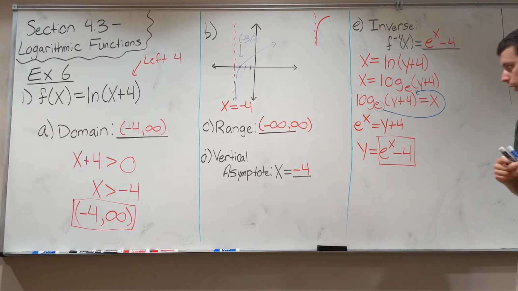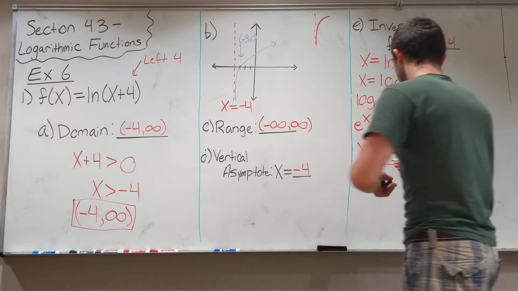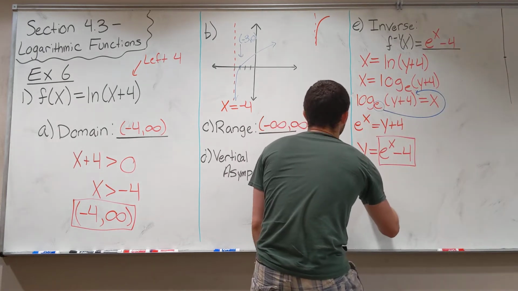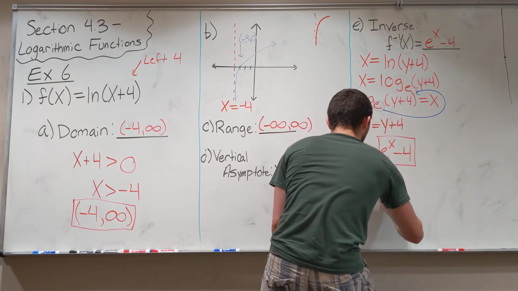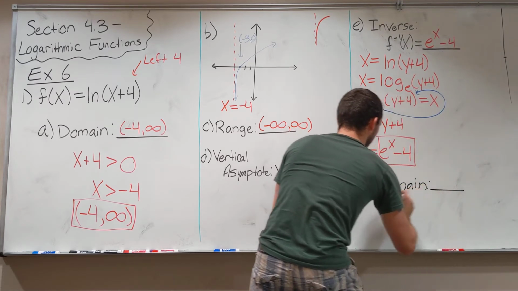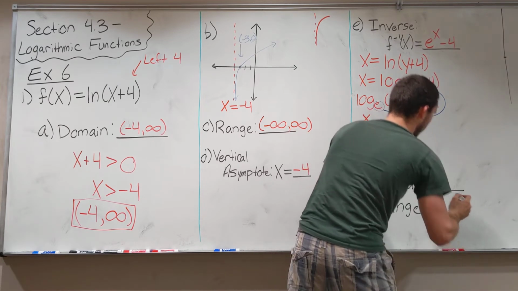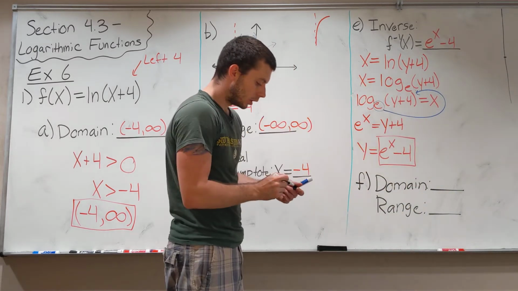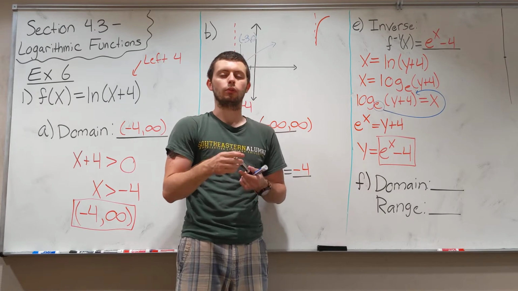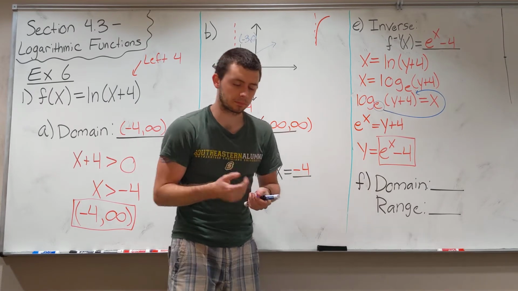We're also going to go ahead and figure out the domain and the range of the inverse. But it turns out, this is going back to what we talked about in the section on inverses.